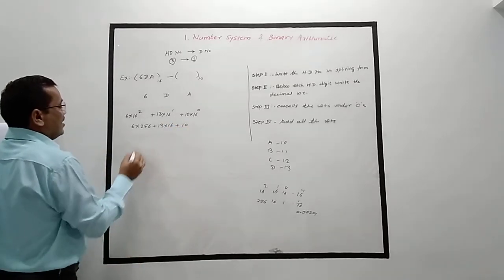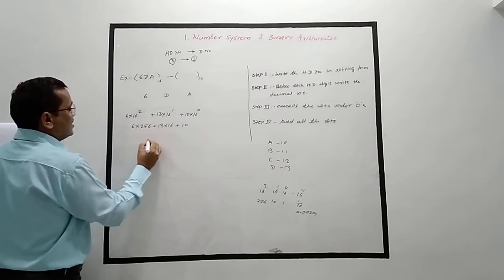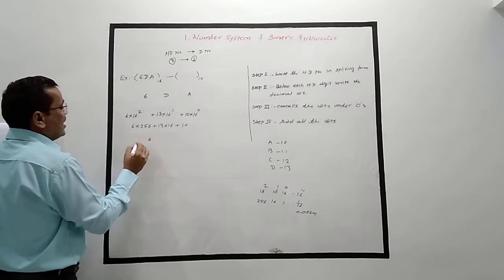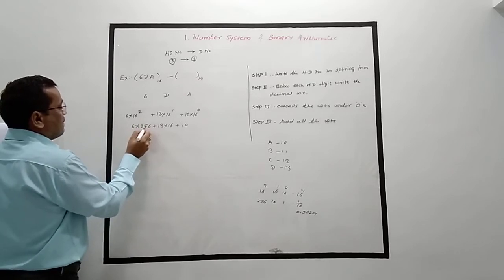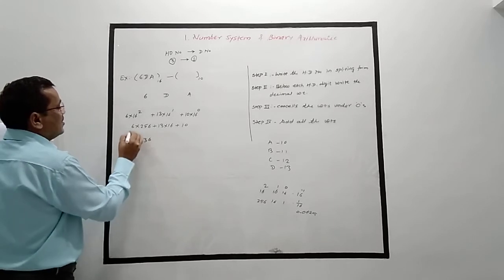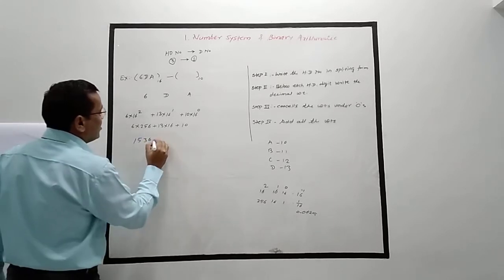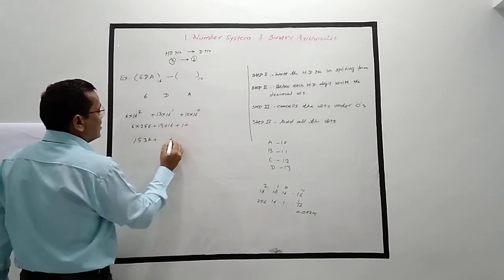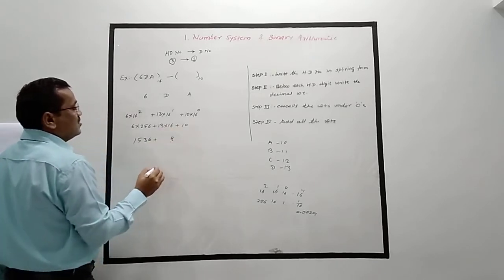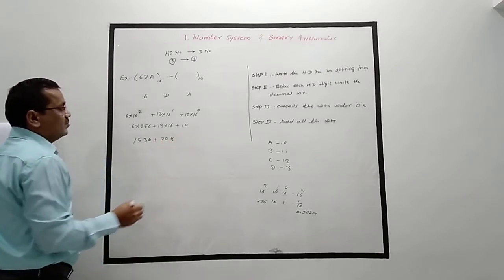Here we are multiplying these two numbers. 6 times 6 is 36, 6 with carry 3. 33 with carry 3. 15. 15, 36 plus... 78. 7, 208 plus 10.